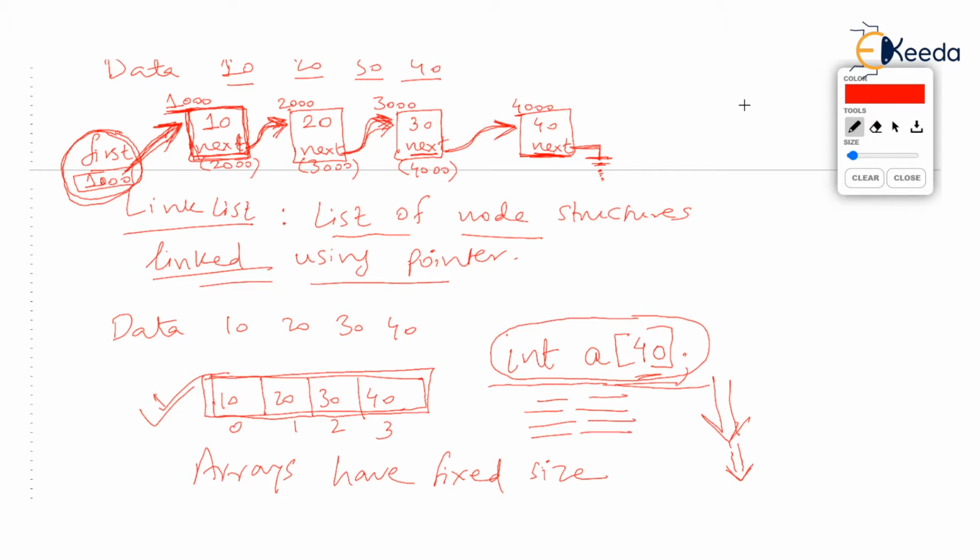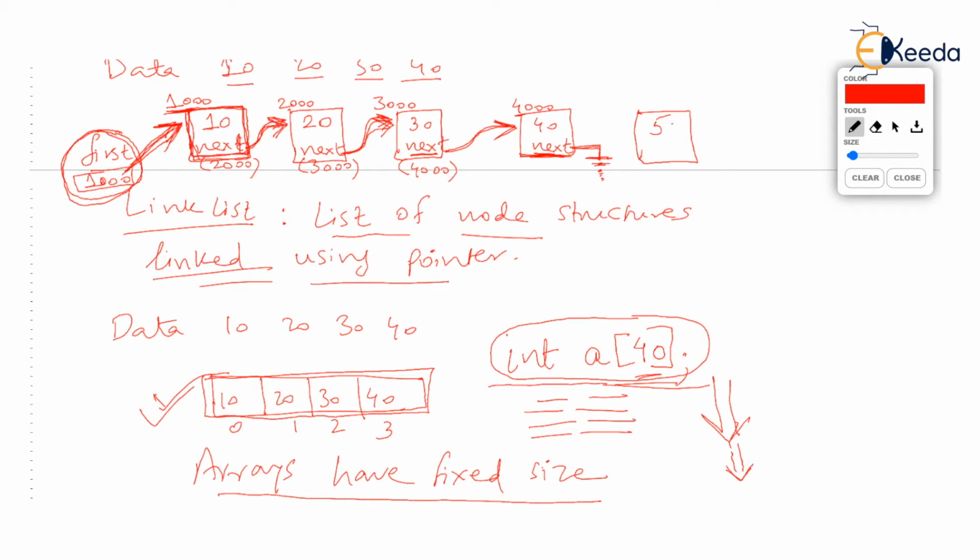But that's not true with a linked list. Although arrays have a fixed size, a linked list can grow or shrink. You notice the linked list drawn above: 10, 20, 30, 40. Now just imagine we want to add 50 to this. So what? What's the problem? What you do is you create a node in memory using malloc. So you ask malloc to allocate one more node which can store data.